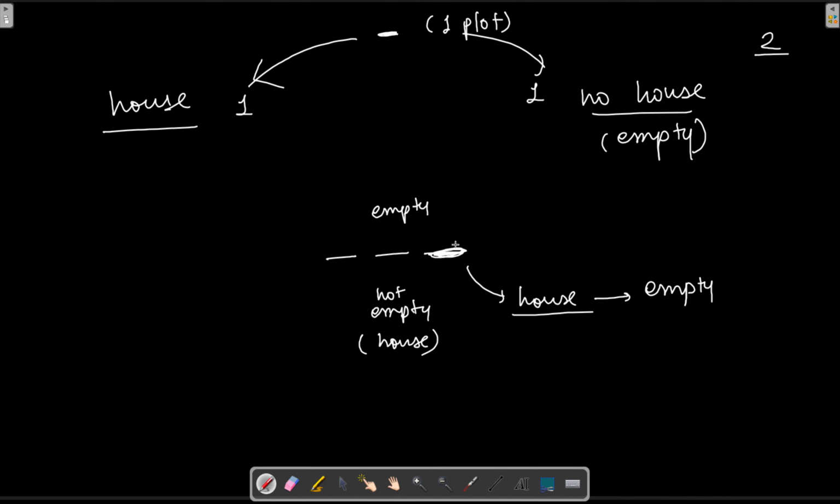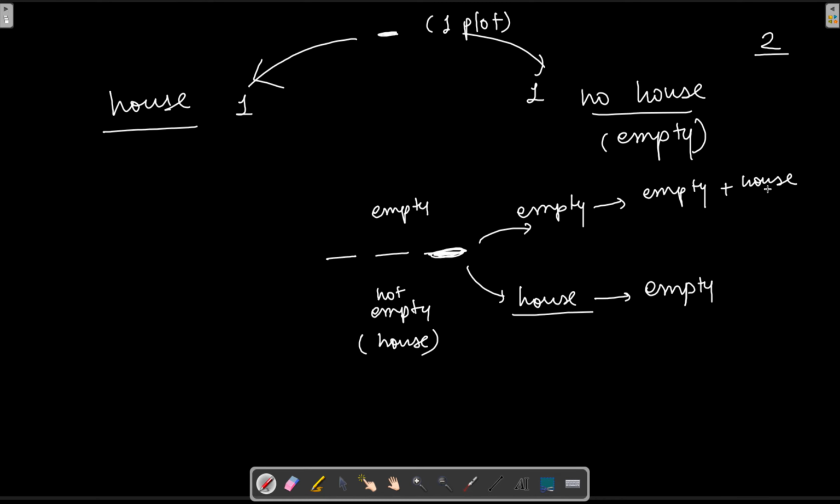Now the second case where there is nothing, so where this place is going to be empty. What are those cases? This can be empty when this place is empty, or if there is a house. So it doesn't care about them, right? So which means empty is going to be equal to empty of the previous state plus house.